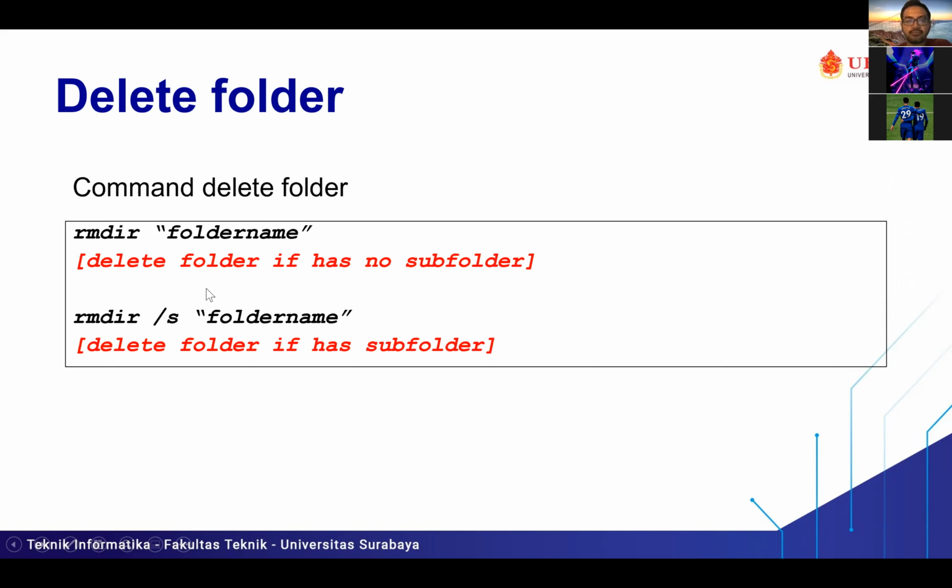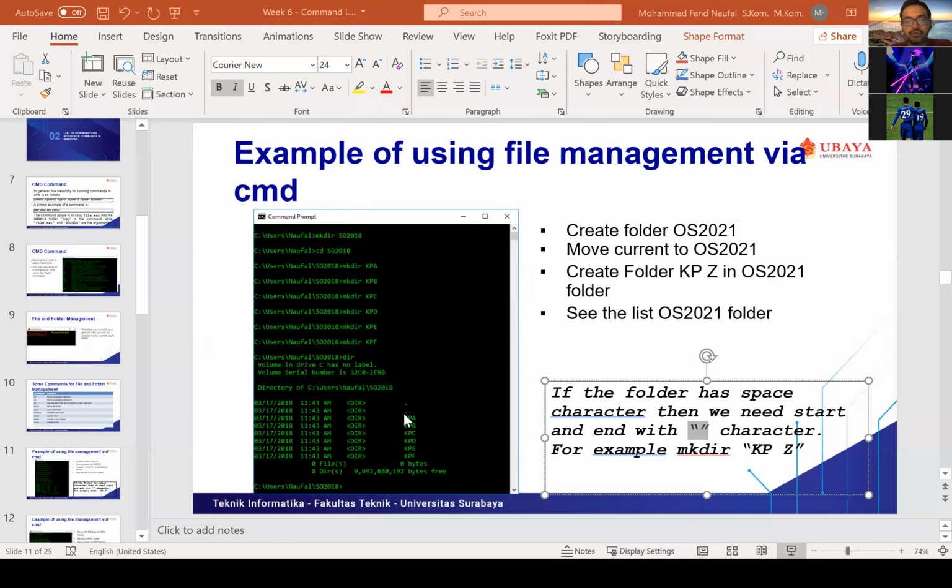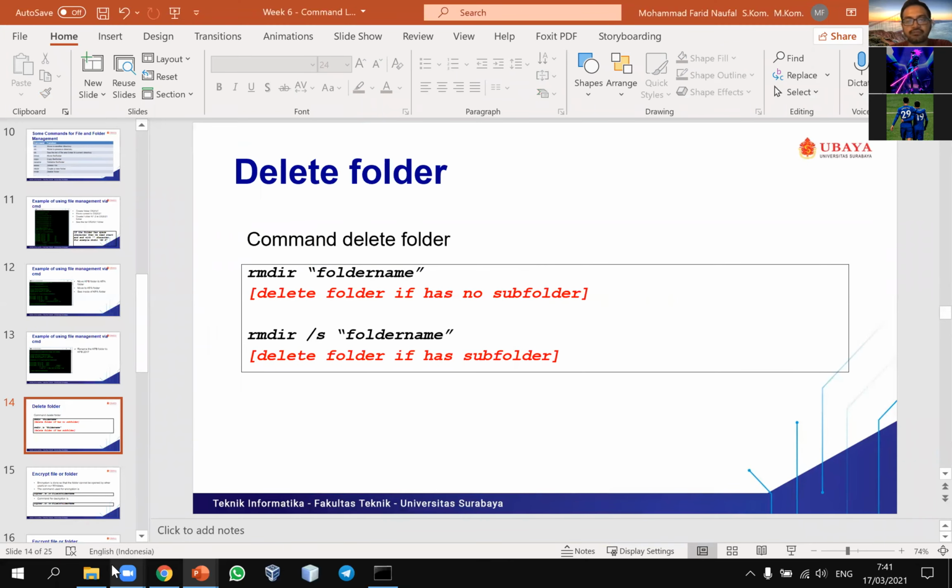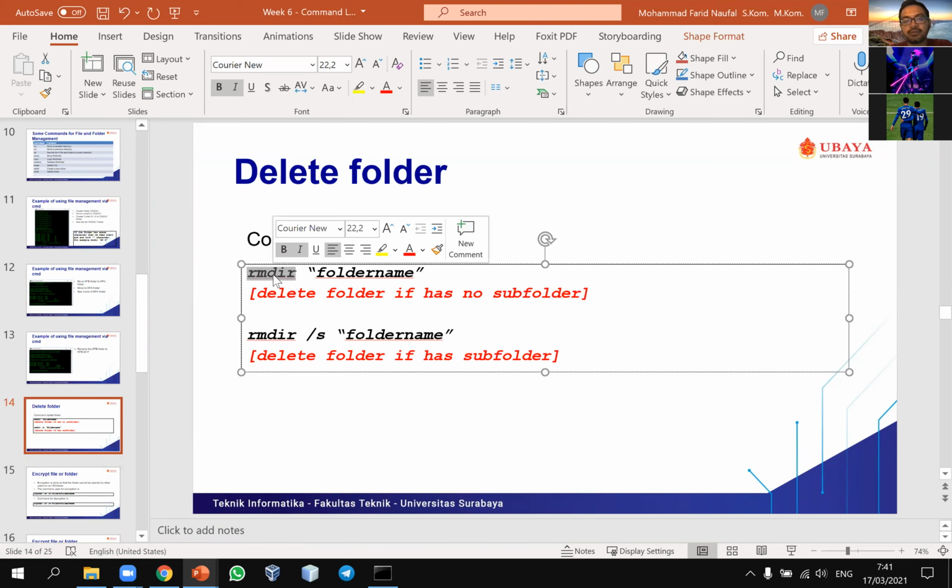But if this folder has a subfolder, you need to add the argument /s. I want to delete the kpz folder, because the kpz folder doesn't have a subfolder, so I will use this command.